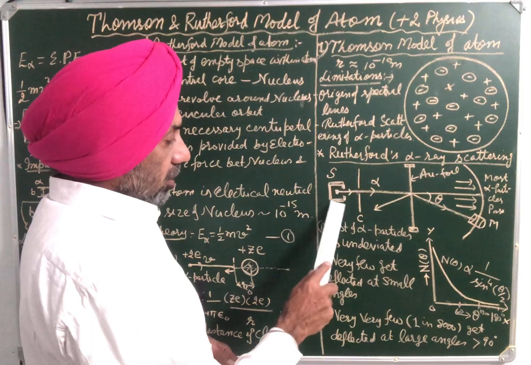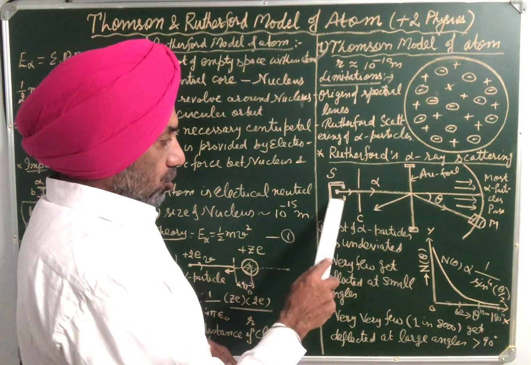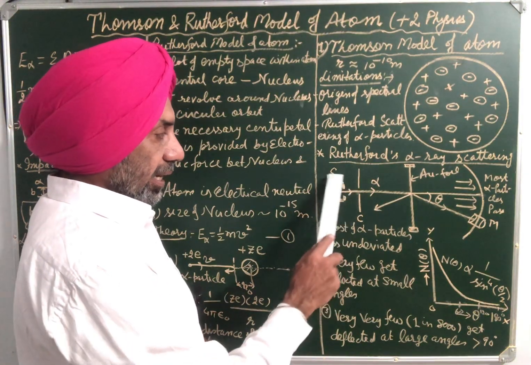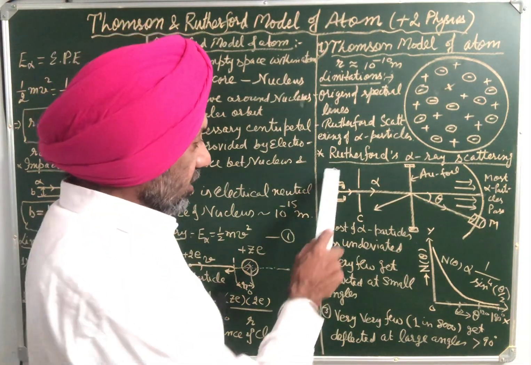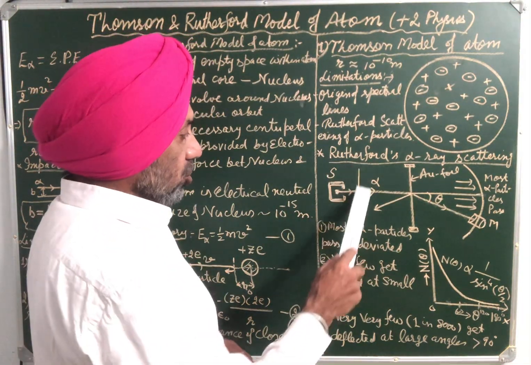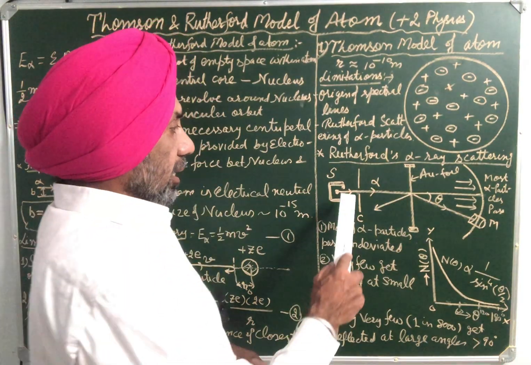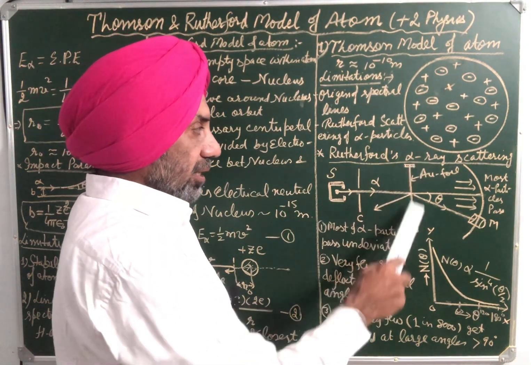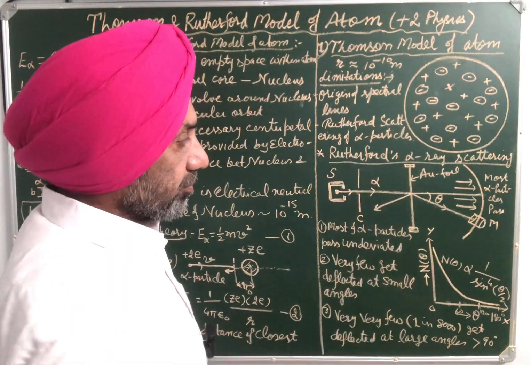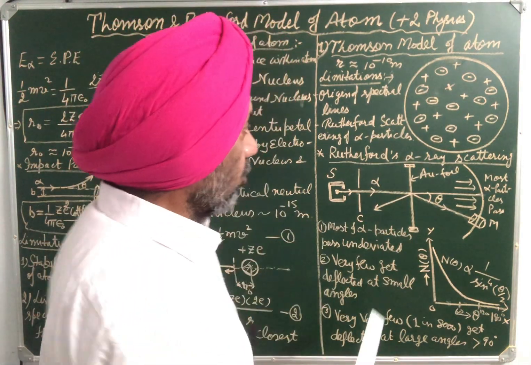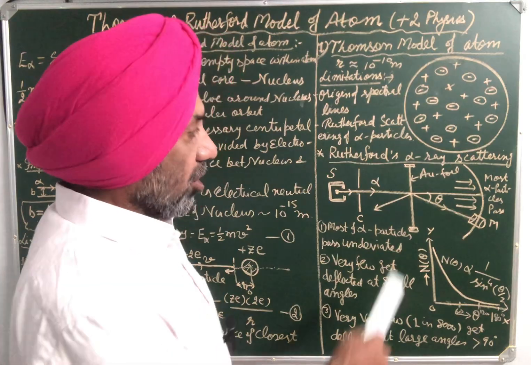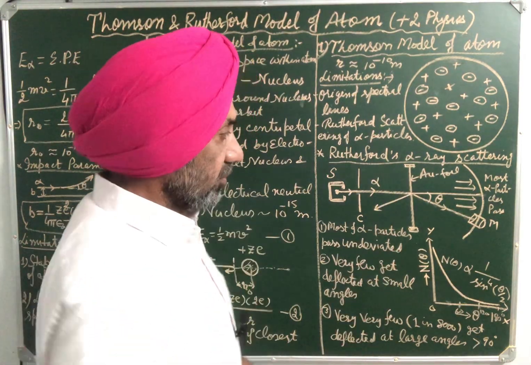He took a source of alpha particles in a lead chamber S. Then he used a collimator to get a fine beam of alpha particles. Then there is a very thin gold foil, of the order of 10 raised to minus 8 meter thickness.